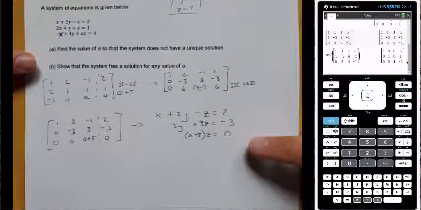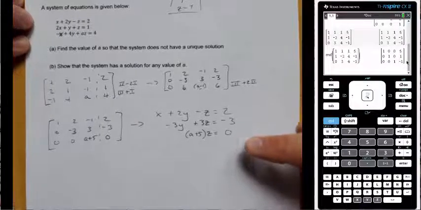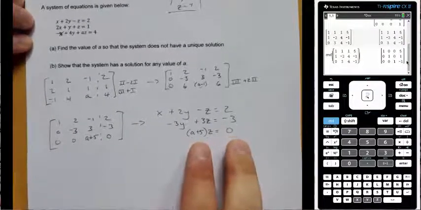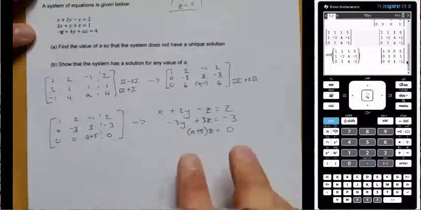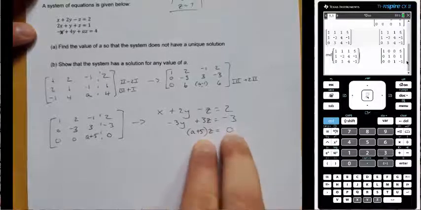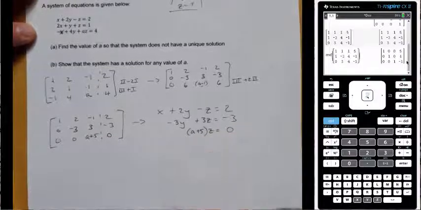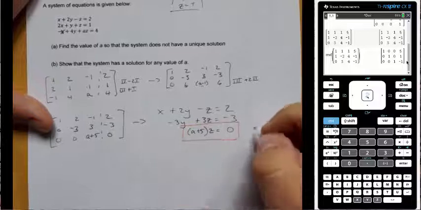Or when will this have infinitely many solutions? I think this problem will have infinitely many solutions if I get a final equation that is all zeros. 0 equals 0 is always true, which means that z could be anything you want, and this bottom equation will always be true, so there'll be infinitely many.